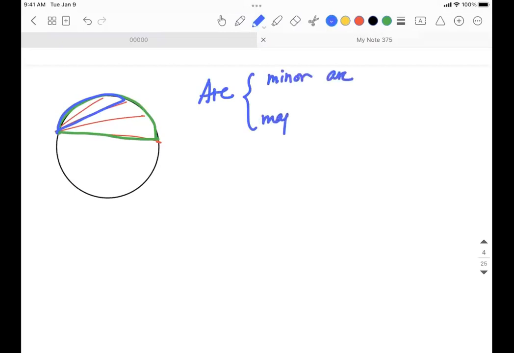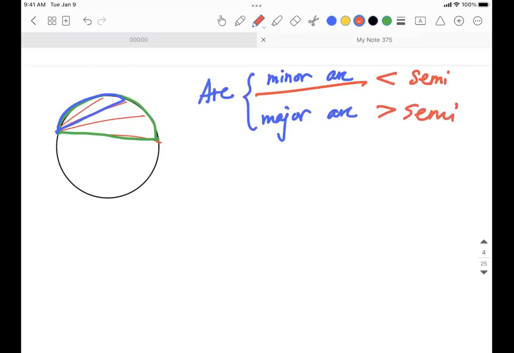One is what we call a major arc. Have you heard about the terminology? A minor arc is the arc which is less than the semicircle. A major arc is the arc which is larger than the semicircle.